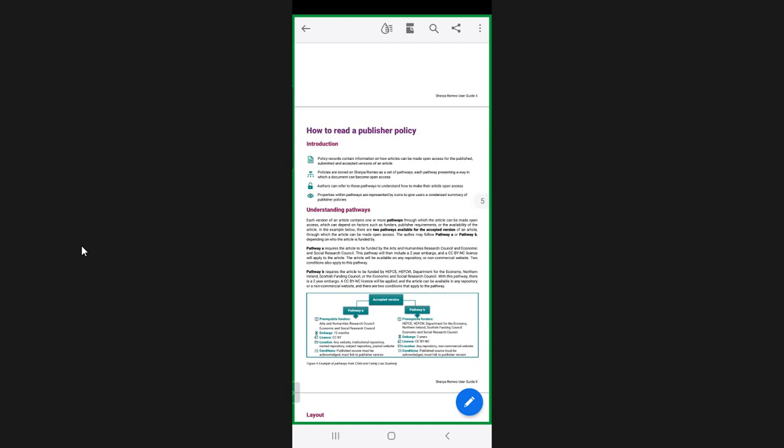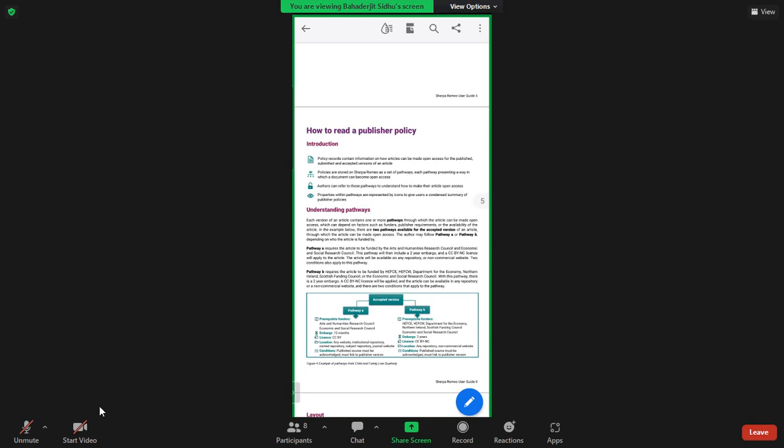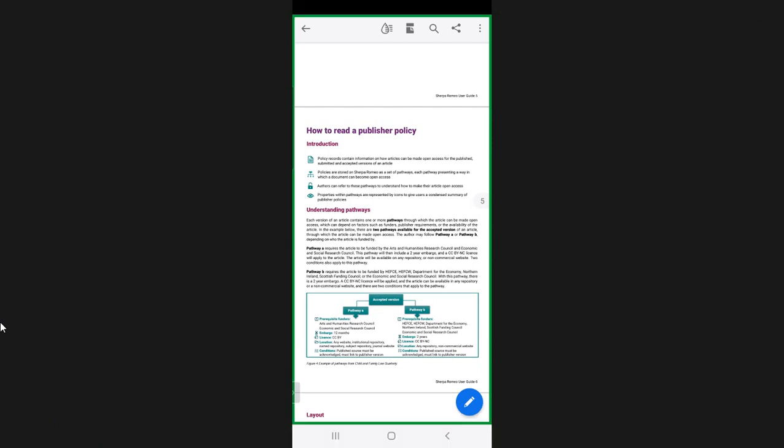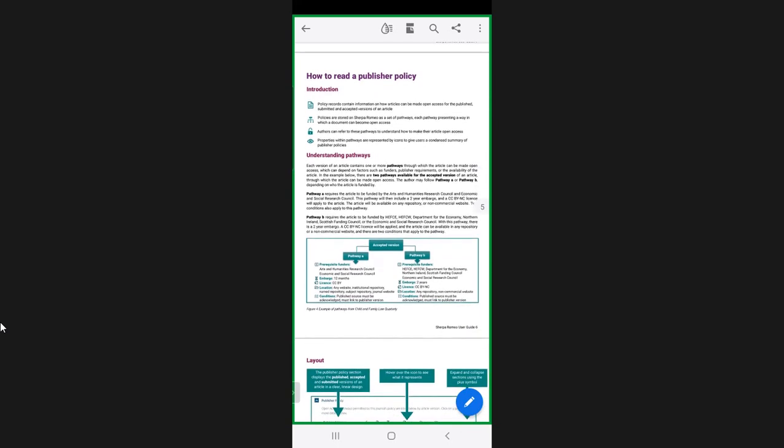Licenses, in this case, the copyright will be given to the author. And in case of pathway B, it is given by the company. The international company which is funding your research can give the copyright.